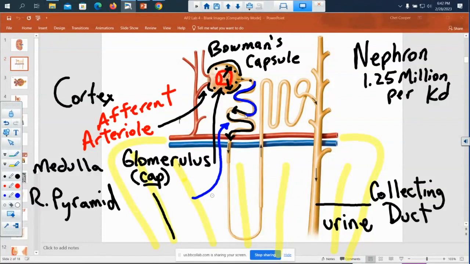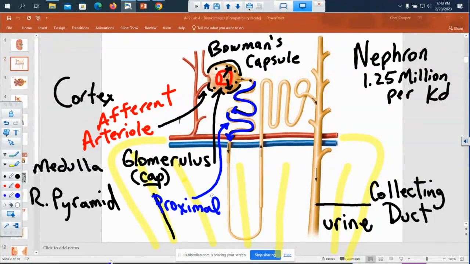And just for consistency's sake, so you'll know that blue arrow is pointing at these. So that tube that I'm pointing at, that little blue one that comes out of the Bowman's capsule, it's the first tube. So they will call it proximal. Proximal means the initial portion, the beginning portion.